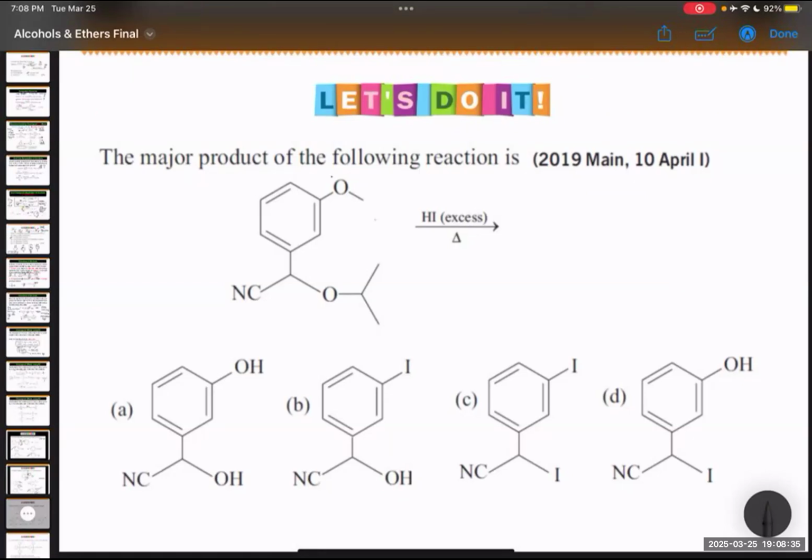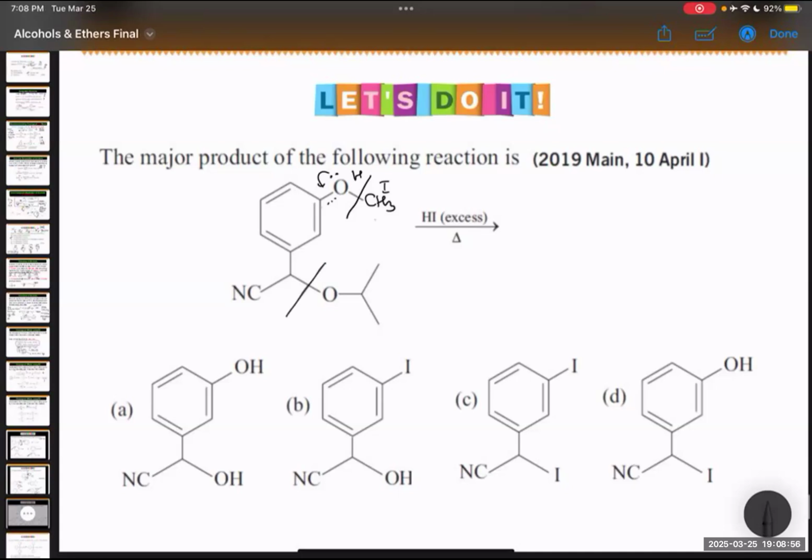Here also I'm not going to break this bond. This has partial double bond character because of resonance, just as we had seen in phenol. This is CH3. So I'm going to use H and I. CH3I and OH.